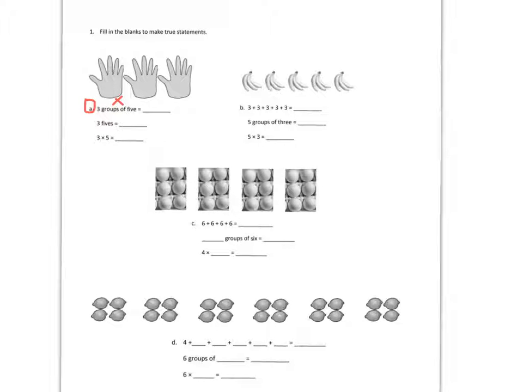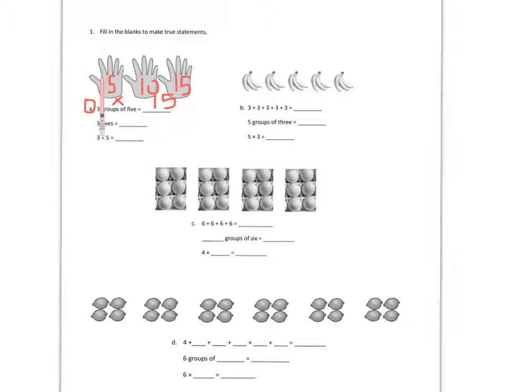So I know that this is just 3 times 5, or 3 groups of 5. Here's 1 group, 2 groups, 3 groups. 3 groups of 5 equals, I could skip count, 5, 10, 15. 3 groups of 5 equals 15. 3 fives.